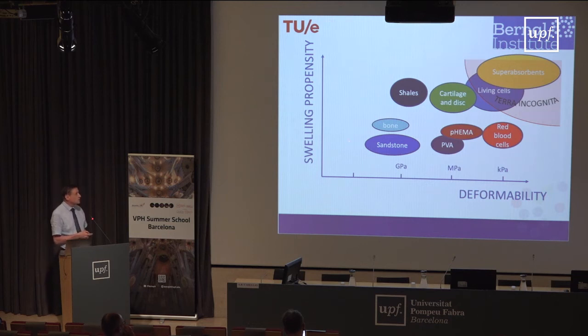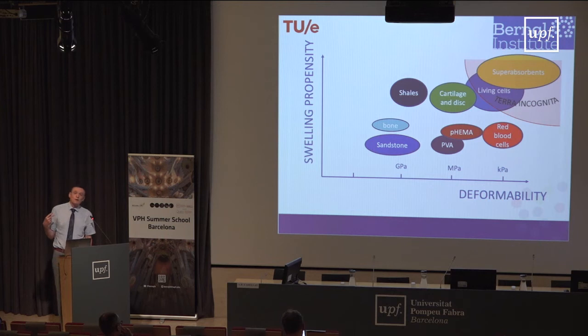And then you see, for instance, sandstone is something very stiff and not swelling at all. If you go down to gels, then you have PVA, which is somewhat swelling, but not so much. HEMA may be a little bit more, and you may have ionized gels, which are much more up in the corner there, but cartilage and disc are somewhat swelling and in the order of megapascal stiffness.